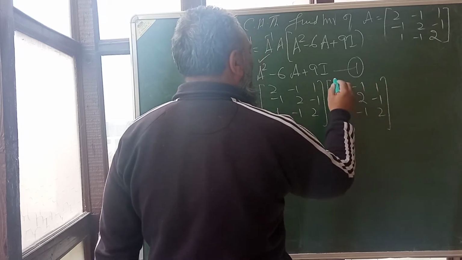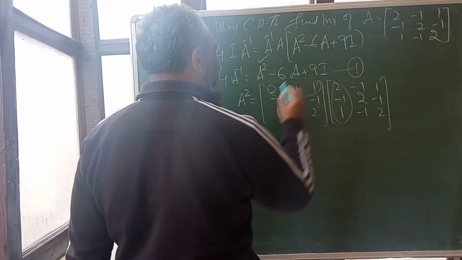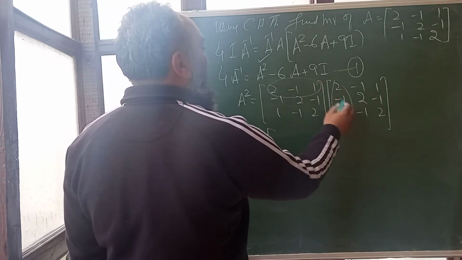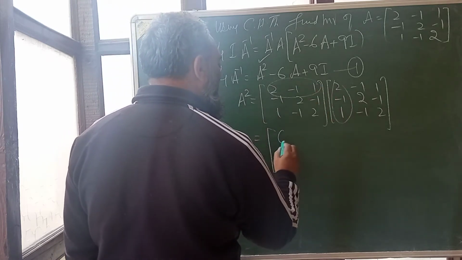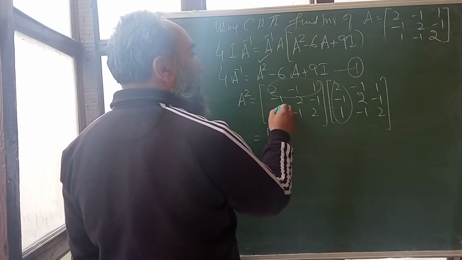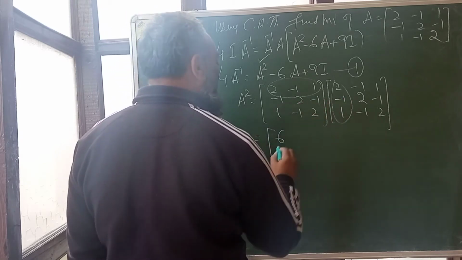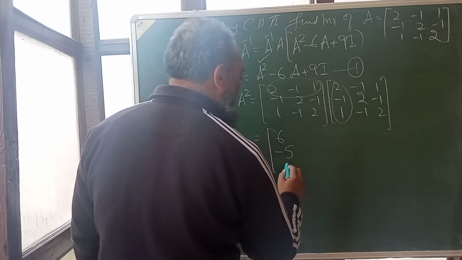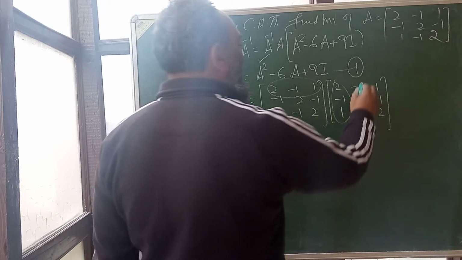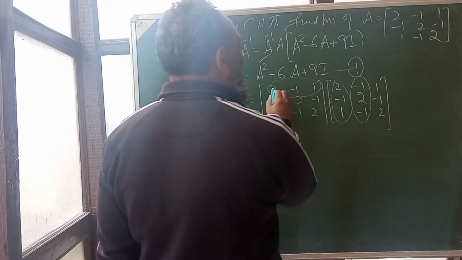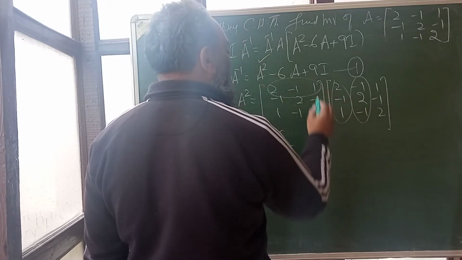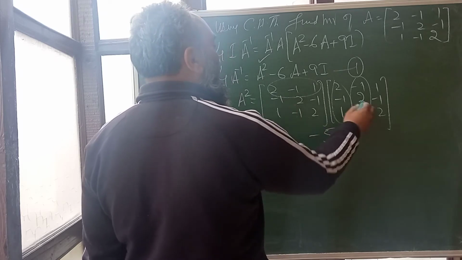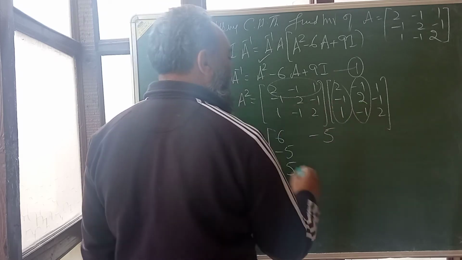So let me find out the product. This is equal to 4 plus 1 plus 1, it is 6. Then minus 2 minus 2 minus 1 is minus 5. Then 2 plus 1 plus 2 is 5. Now this one, minus 2 minus 2 minus 1, so it is minus 5. Then 1 plus 4 plus 1 is 6.